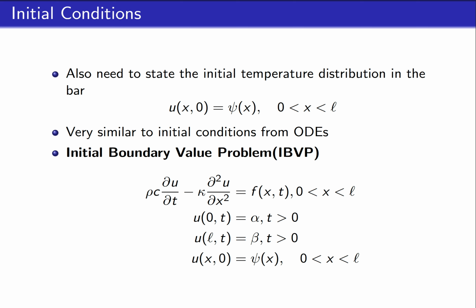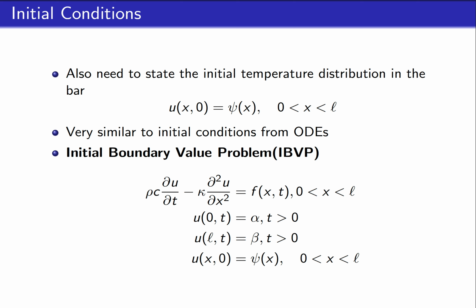In ODEs, the value of your initial condition was simply a number: y of 0 equals 3, y prime of 0 equals 12. However, in PDEs, we are setting the temperature at every point along the bar, so our initial condition is actually going to be a function of x. So this is a very big difference between PDEs and ODEs.